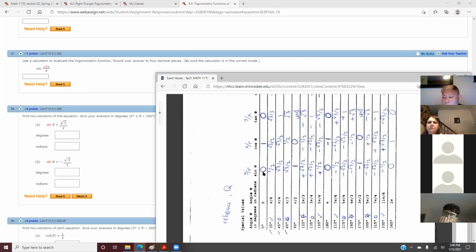This is sine theta, the whole thing, right? I know it's upside down. Can you tell me which one of these gives us positive √2/2? This one, which is 45. What else? The radians is this one too. 135. Anything else? No. So your answer is 45 and 135.